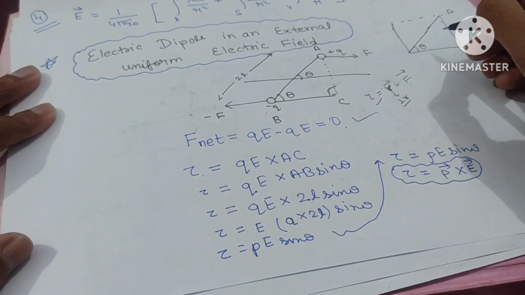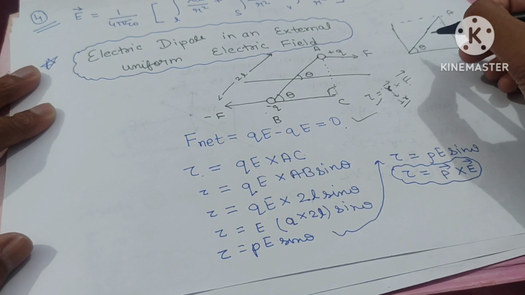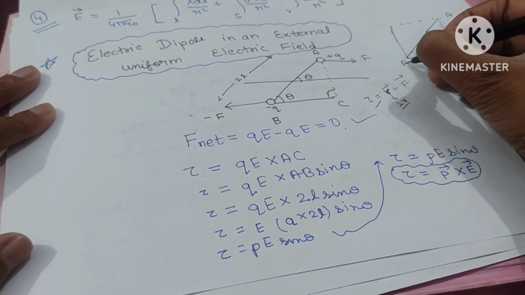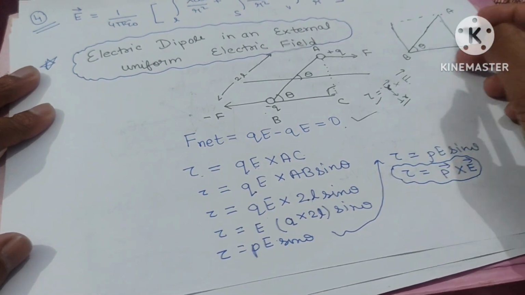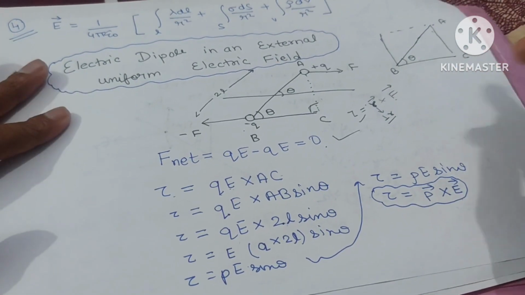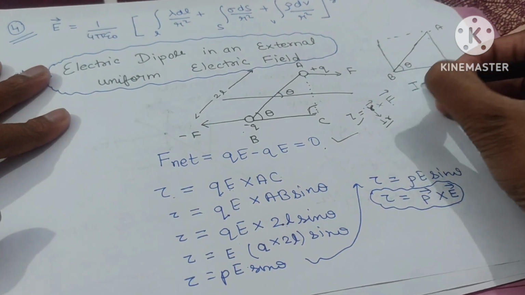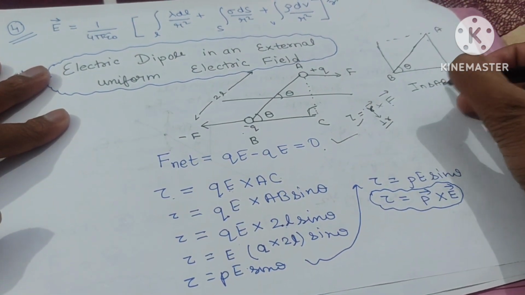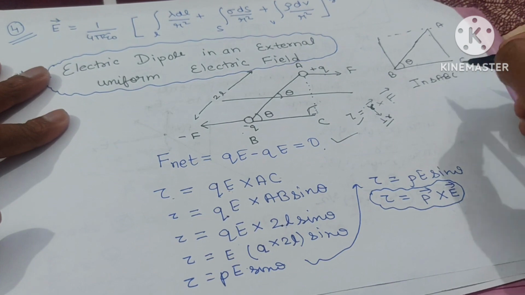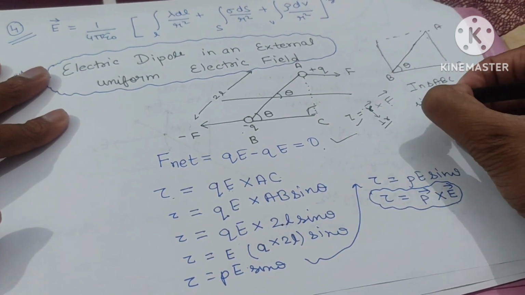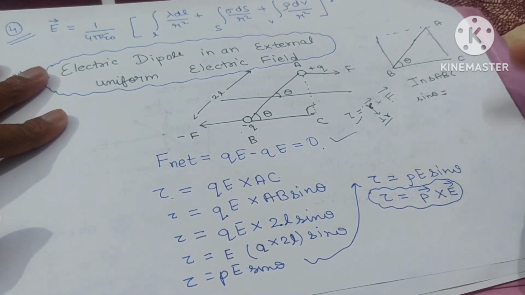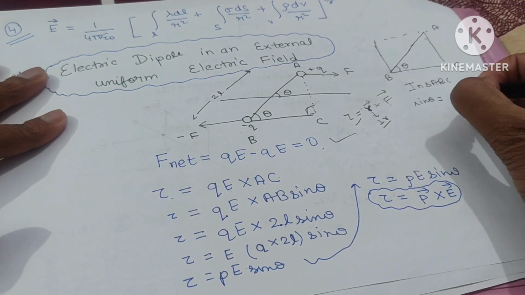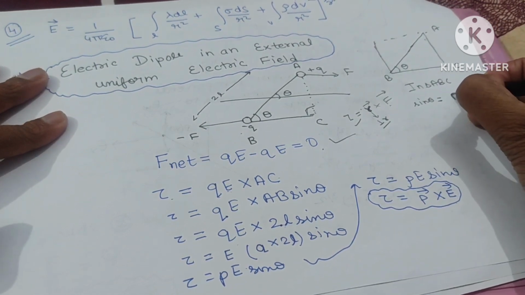Let's say this is B. If we are finding AB, go for trigonometry. In triangle ABC, sine theta is equal to the perpendicular by the hypotenuse.